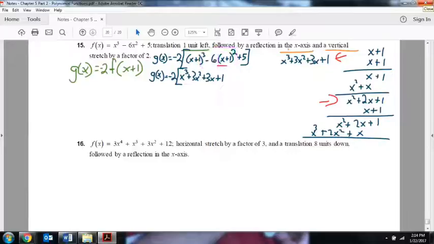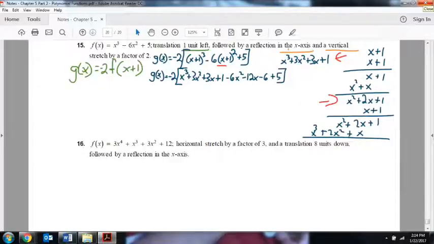So let's go ahead and knock that out at the same time. Negative 6 times x squared is negative 6x squared. Negative 6 times 2x is negative 12x. And negative 6 times 1 is negative 6. And then I got a plus 5.